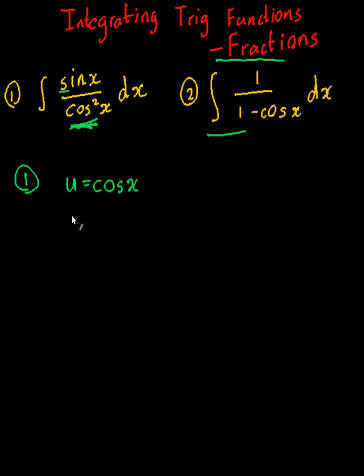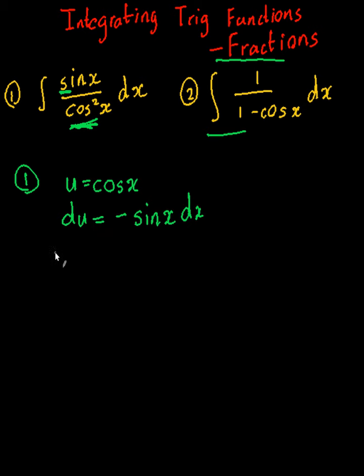As soon as I say u, I need to find what du dx is. So du is equal to minus sine x dx. And guess what? I have a sine x over here, so this thing pretty much disappears.